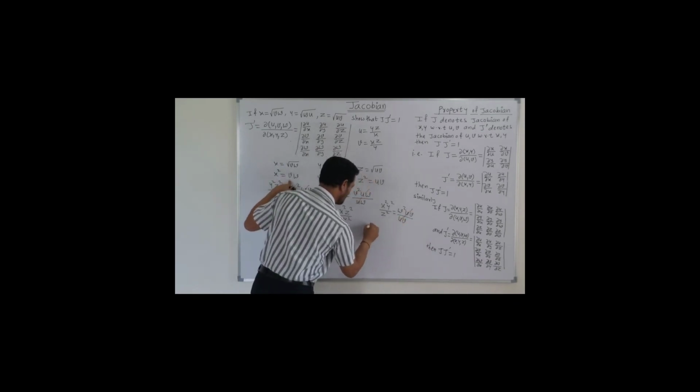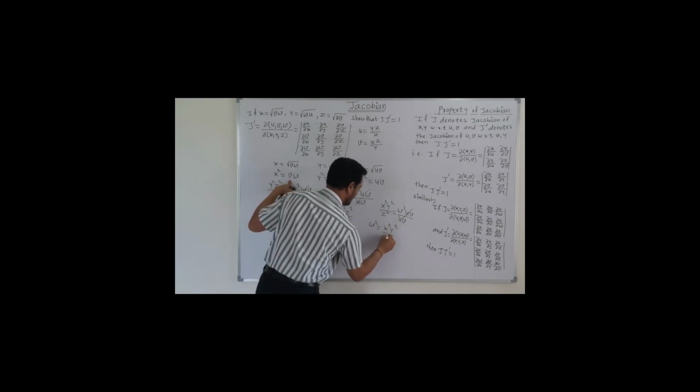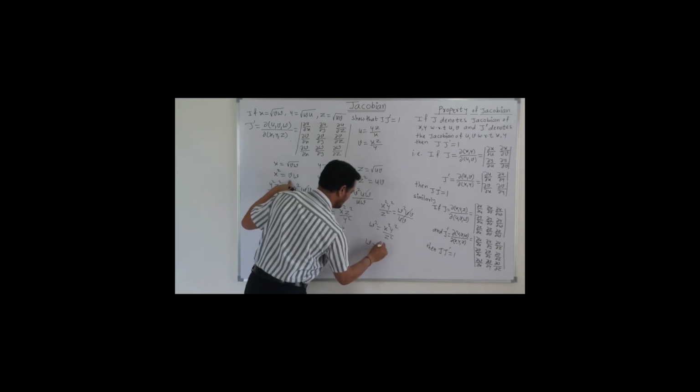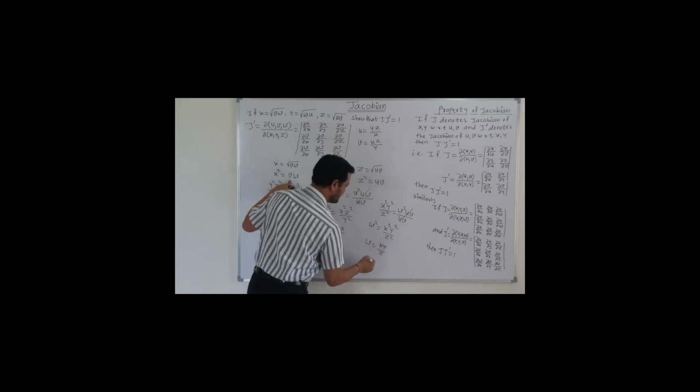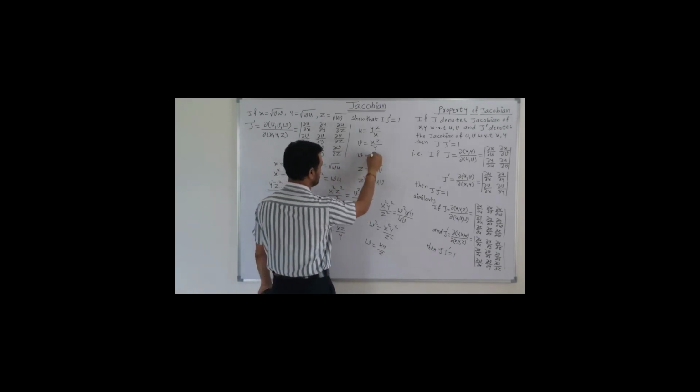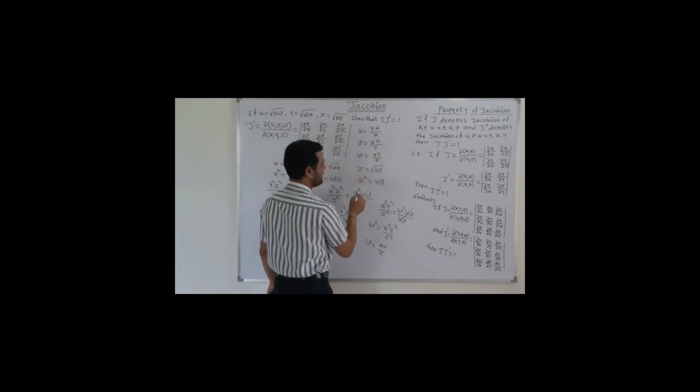These two terms will get cancelled, and we get w square is equal to x square y square upon z square. So the value of w is xy upon z. For simplicity, I will write here w is equal to xy by z.